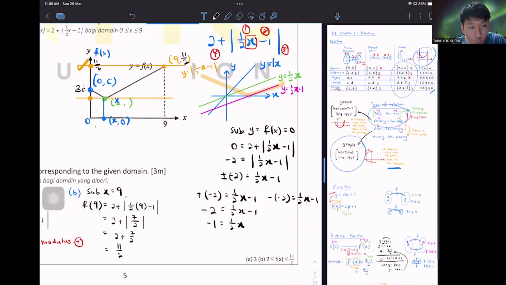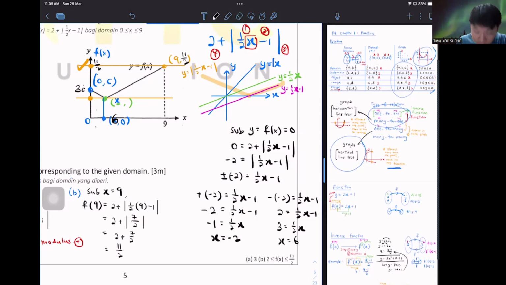Second, 1 over 2 bring over, divide. -1 divided by 1 over 2, so x equals -2. The second one is negative, negative, becomes plus. So bring the -1 over first again, 2 plus 1. Then 1 over 2 bring over, 3 divided by 1 over 2 is 6. So this x is 6.